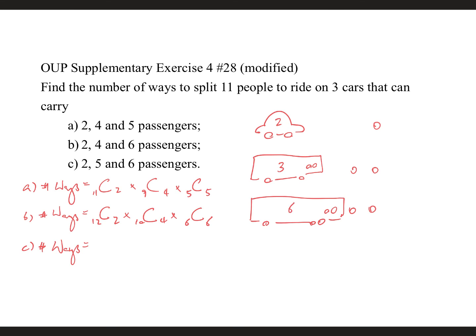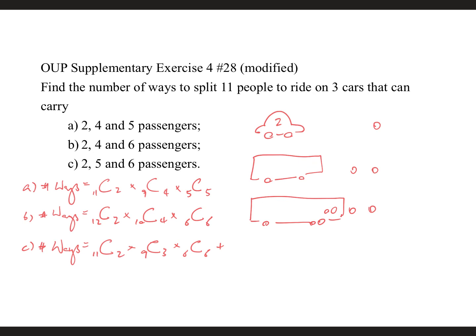So this is tackled quite similarly: from the 11 people, we choose 2 of them to sit in the first car. From the rest of the 9, we choose 3 of them, and for the rest of the 6, we choose 6 of them. Now, what about the empty seats in the last car?